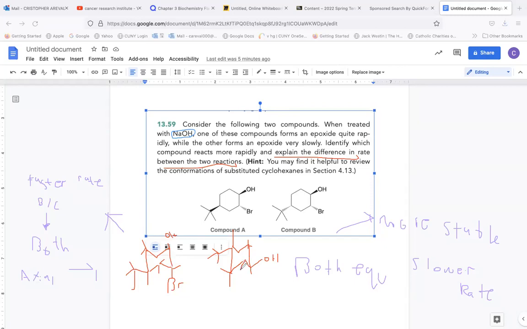It's supposed to look like this. There we go. Br, and then it goes straight up. Does that make sense? Yeah. Okay. I didn't notice that I drew it straight. Yeah, they're both equatorial there. The tert-butyl is also equatorial on both sides, so they kind of cancel out.